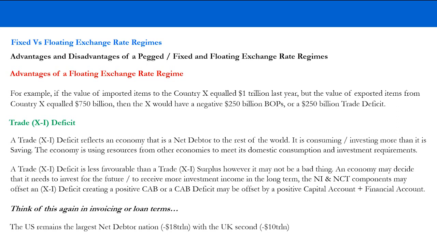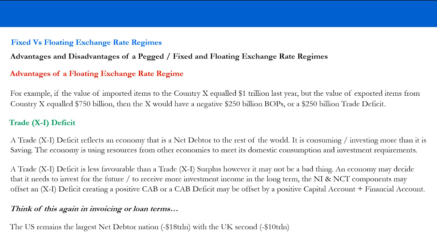A trade deficit is less favorable than a trade surplus, of course, but it might not be a bad thing. An economy, for example, might decide that it needs to invest for the future or to receive more investment income in the long term. So the NI and NCT components may actually offset the exports and imports deficit, or a current account balance deficit might be offset by a positive capital account and financial account.